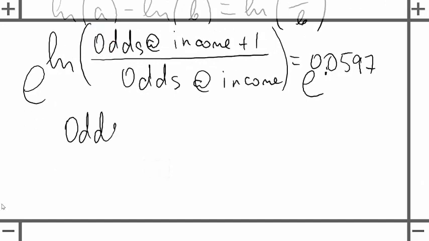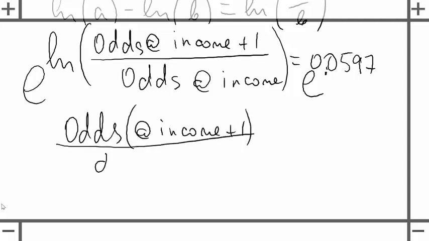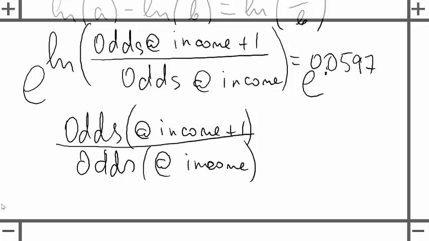The odds of me being a 1 at income plus 1 divided by the odds at the old income level is simply e to the power of the slope for income, or e to the power of plus 0.0597.